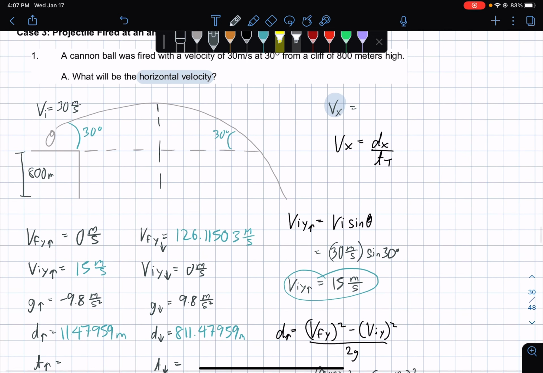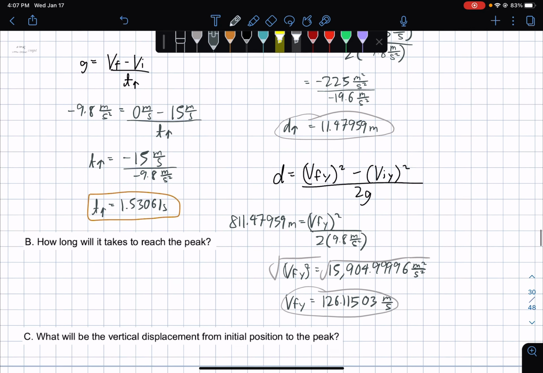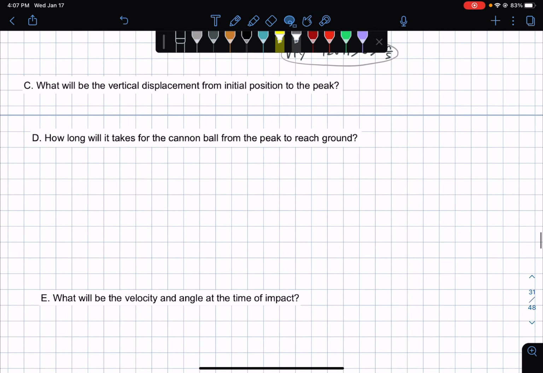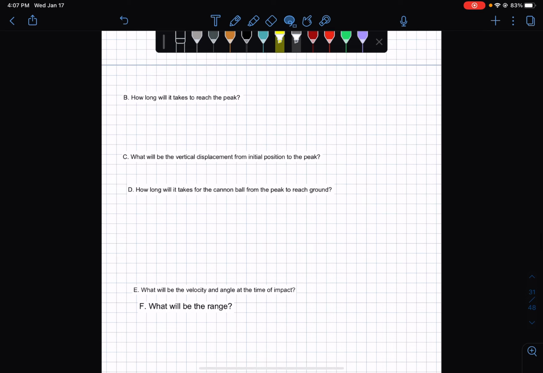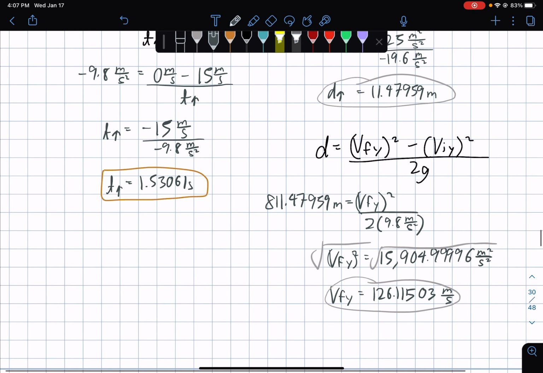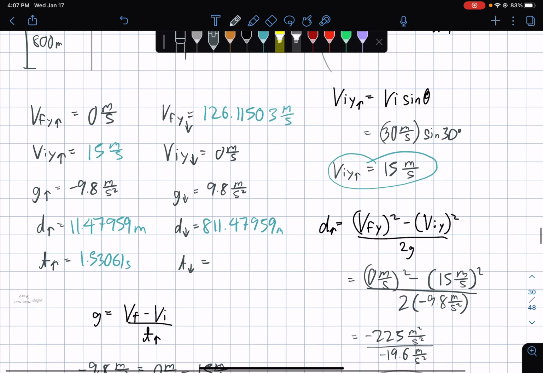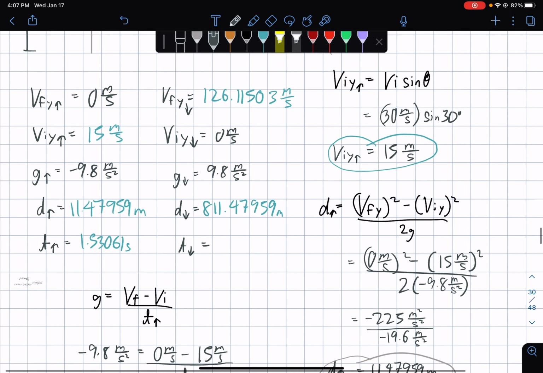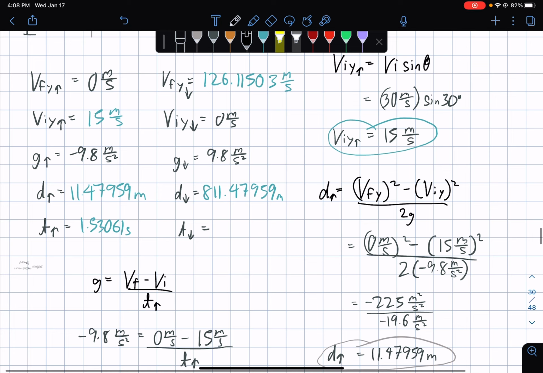Okay, so our only problem is the time value. Not sure why we haven't solved it yet, but wait, we already found the time going up. The time going down is missing, so what formula do we utilize?